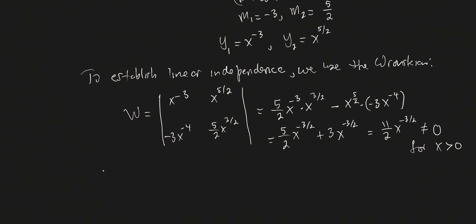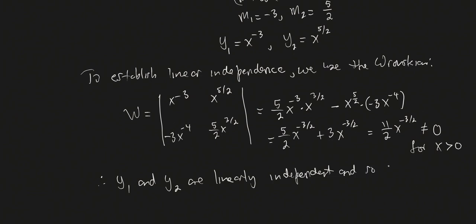So therefore, y1 and y2 are linearly independent, and so form a basis or fundamental set for the DE. So our basis consists of these two functions, x to the negative 3 and x to the 5 halves.